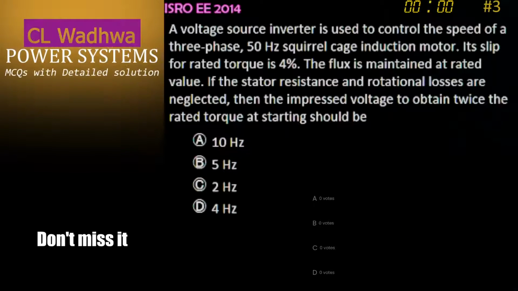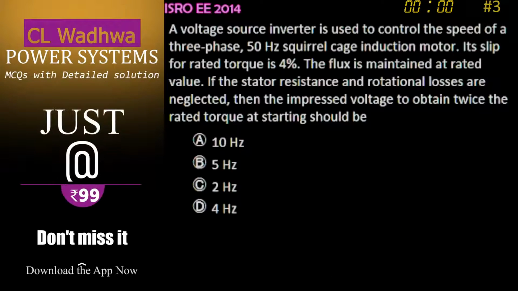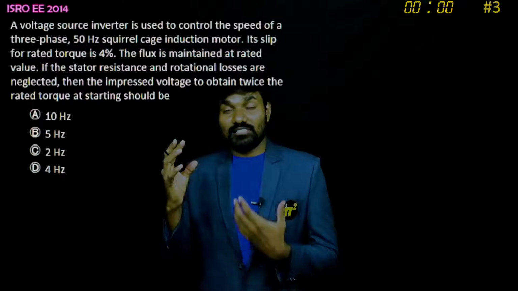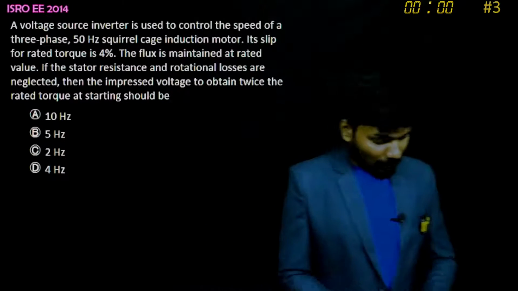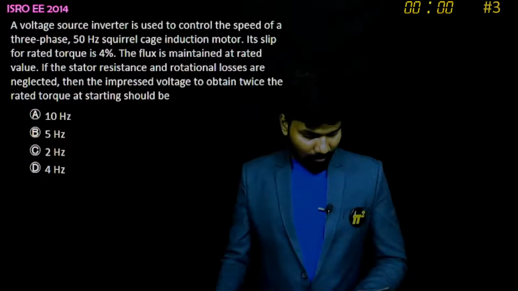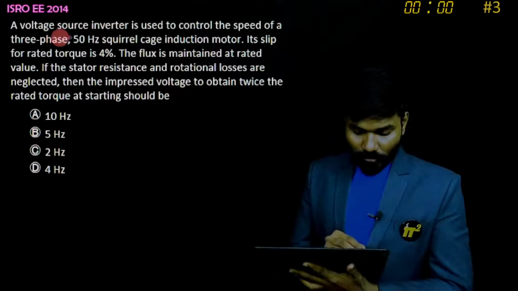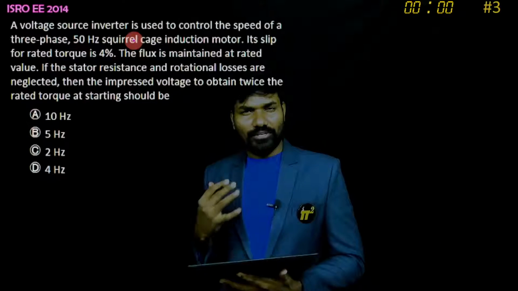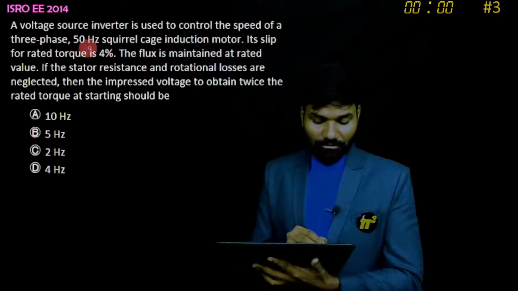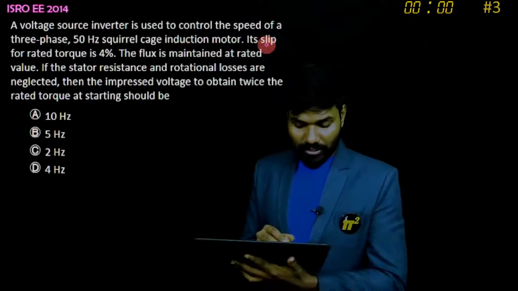Anyways, time's up, so let me explain the concept behind this question. Simple one, but interesting. It says a voltage source inverter, VSI, is used to control the speed of a three-phase 50 Hertz squirrel cage induction motor.